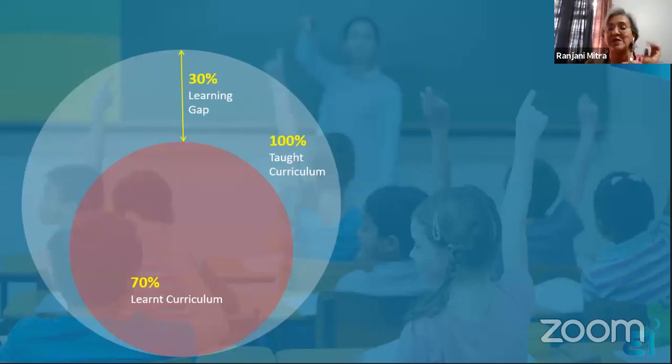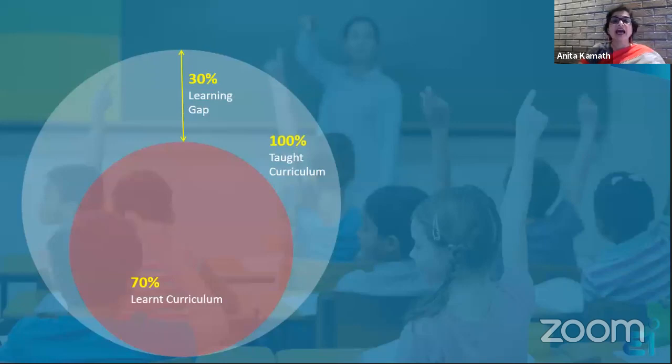There was a 30% learning gap there, plus or minus a few numbers. This was in a live classroom facing the children, where you have the students physically with you.